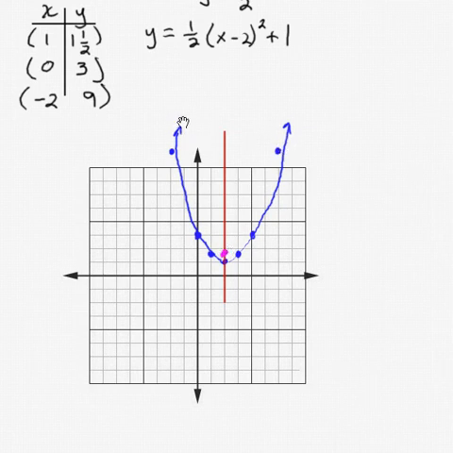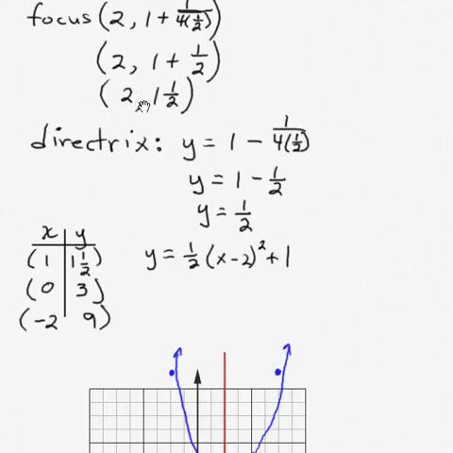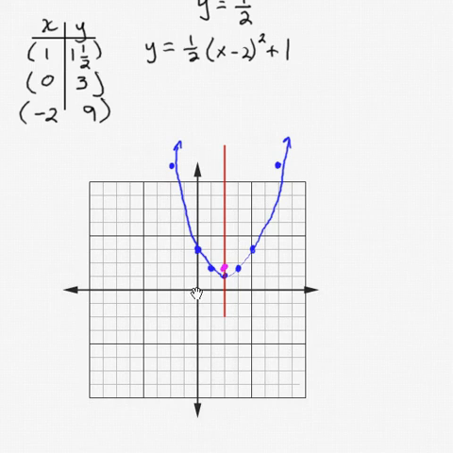This lovely little purple point there is our focus, so let's review what that was. Positive 2, positive 1.5. So from the origin, positive 2, positive 1.5. There is my focus. And my directrix was the equation y equals 1/2. And that's everything there is to know about that particular parabola.